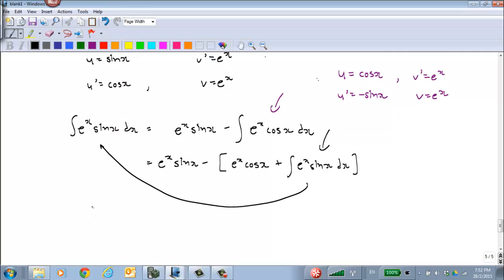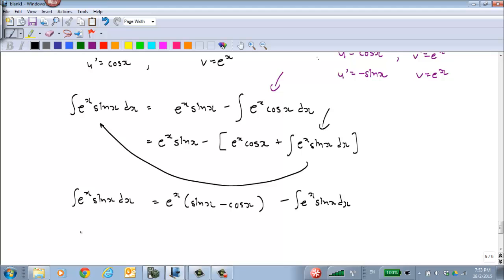It does. So how do you then solve this? Let me do this slowly. You open everything up. Okay, e to the x sine x minus cosine x minus this particular integral, and because this integral and this integral are the same, you can shift it over, making it 2 times of it.